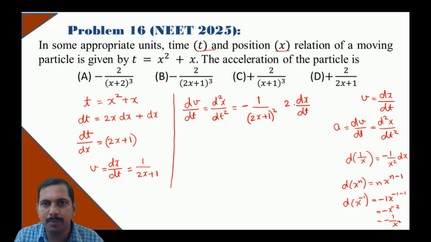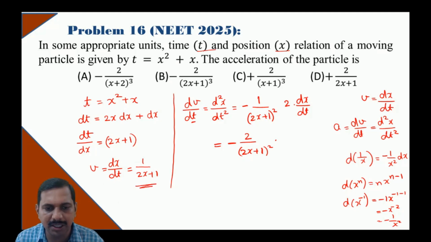So here very important that it is differentiation with respect to time, so it is dx by dt. So this would be equal to minus 1 by 2x plus 1 the whole square, and here I'll put 2 here, and then we have dx by dt.